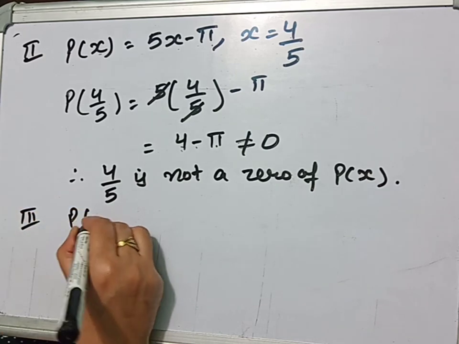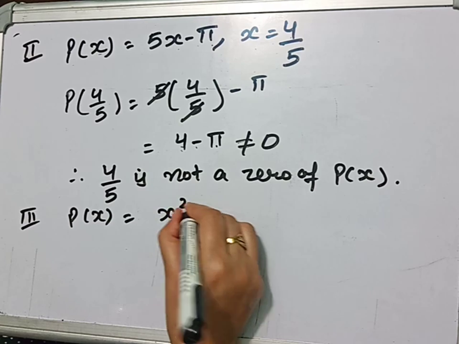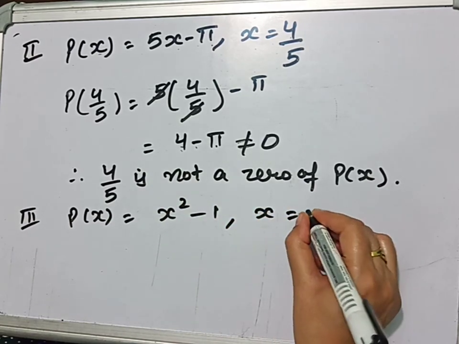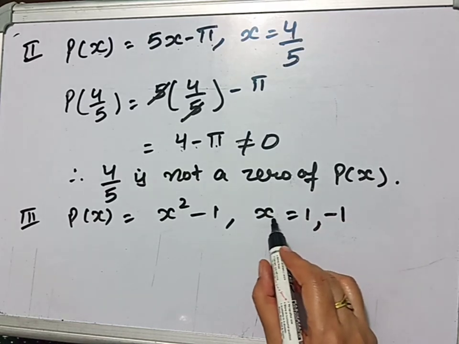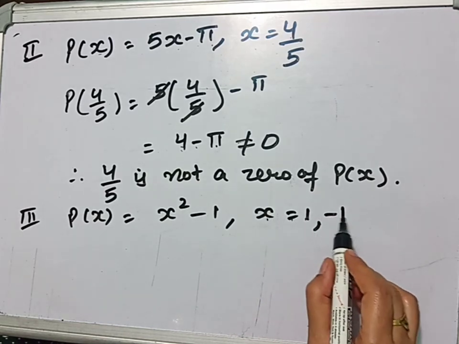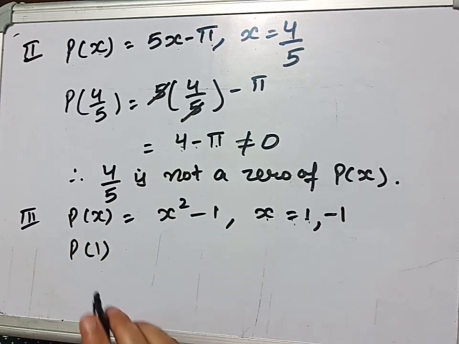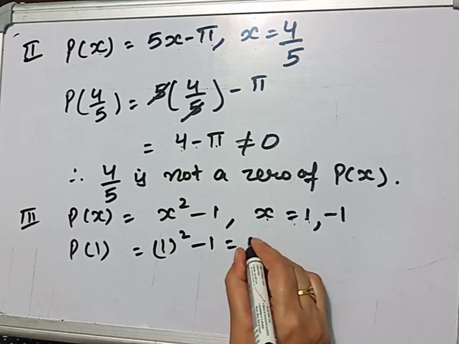Third part is p(x) is equal to x square minus 1 and x is equal to 1, minus 1. Here you are given two values of x, 1 and minus 1. Firstly we will check x is equal to positive 1. 1 square minus 1. 1 square 1 minus 1.